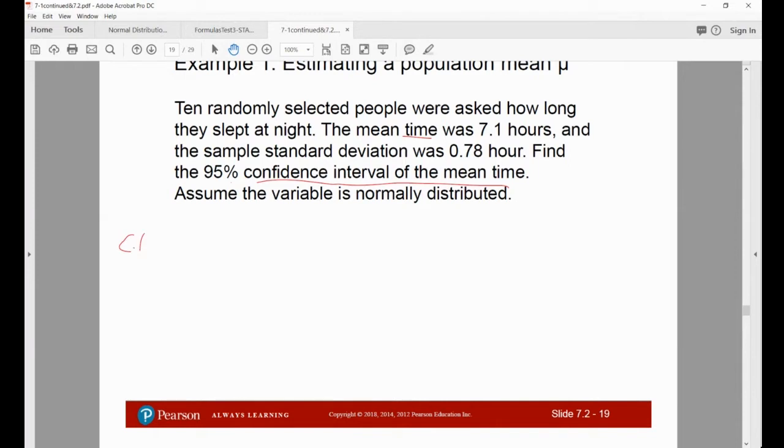So the confidence interval will be the sample mean minus the margin of error, comma, the sample mean plus the margin of error. So what's the sample mean? This will be given, but you need to know what's the value.